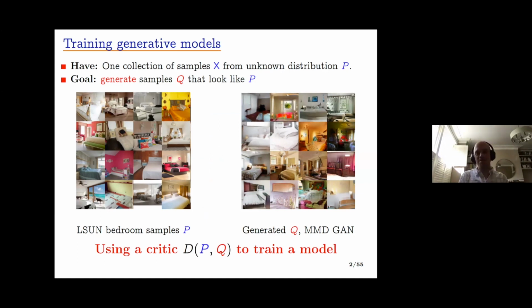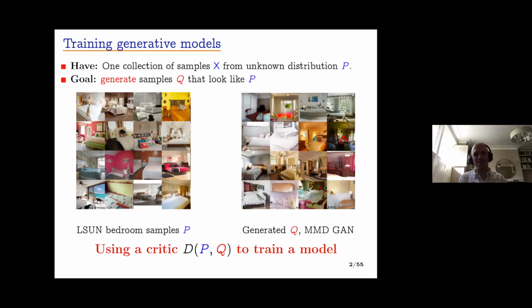So I have some neural network mechanism, and I want to train it so that it creates samples which have the same distribution as far as possible as my target. To accomplish this task, what I need is a critic function.